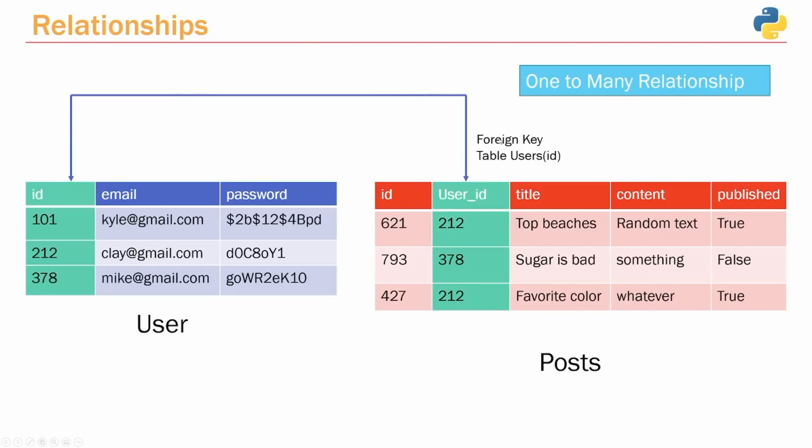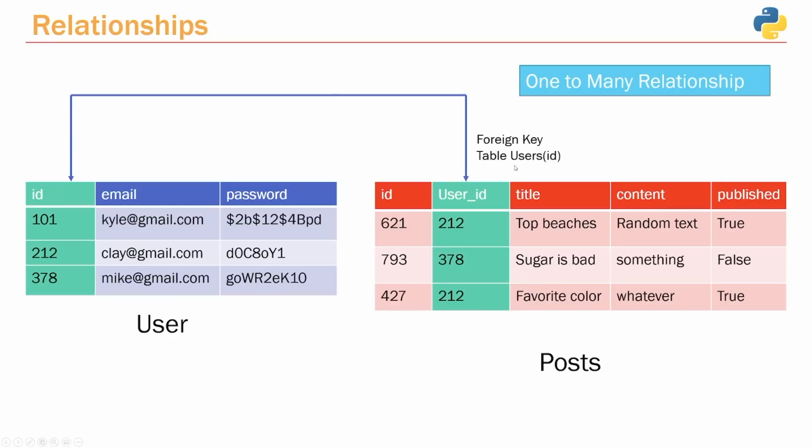And what we do is we specify two things. We specify the table that it should be connected to. So here I'm saying, hey, this should connect to the users table. And then we specify what specific column it should use from that table. And here we're saying the ID column because this connection is connected to the ID column of the users table. And so that's what we set the foreign key on.